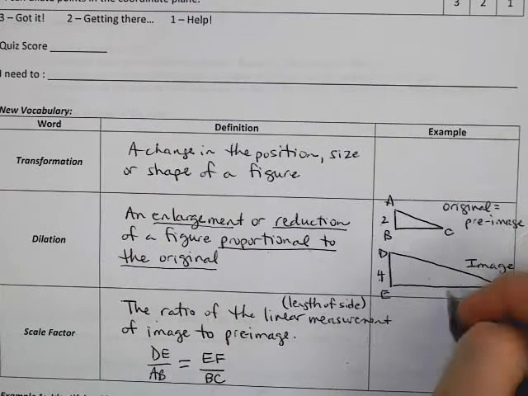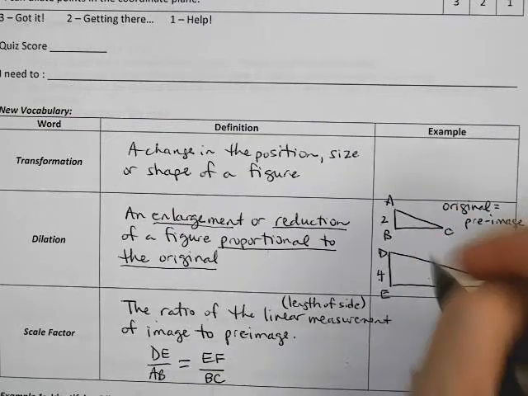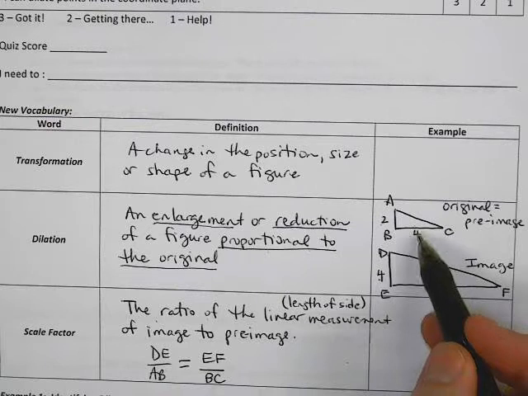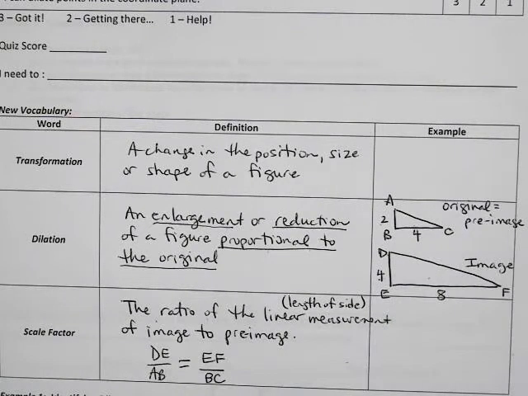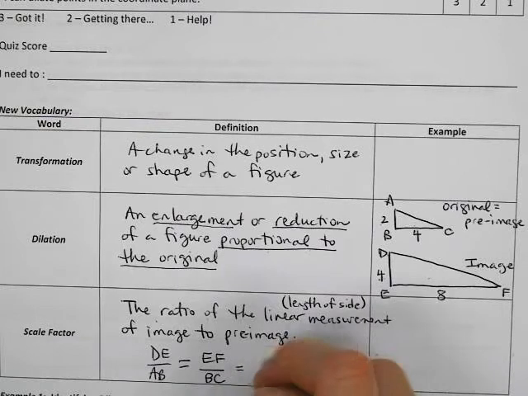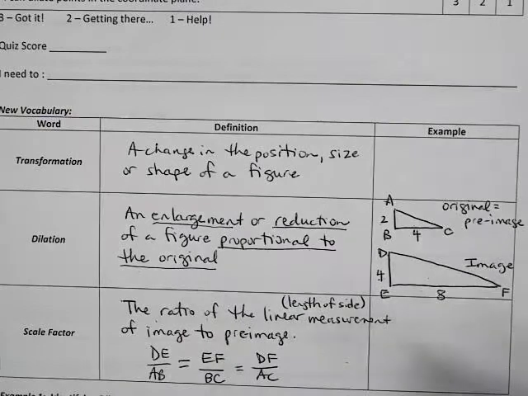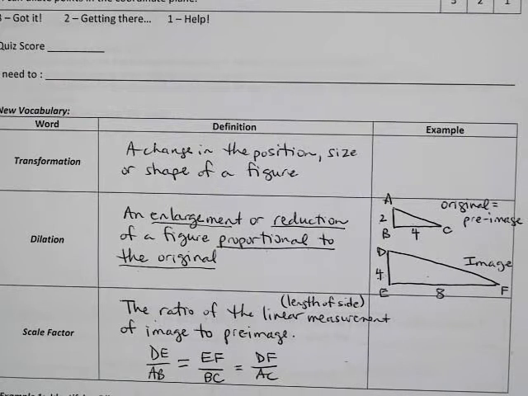So if I said this side was 8, this side would have to be 4, because 8 over 4 still produces 2 in the same way that 4 over 2 produces 2. And then, of course, that would have to be the same as DF to AC. That's that idea that they have to be proportional to the original. These ratios have to be the same. That pretty much guarantees that you have the same shaped figure, that it's just simply enlarged or reduced.